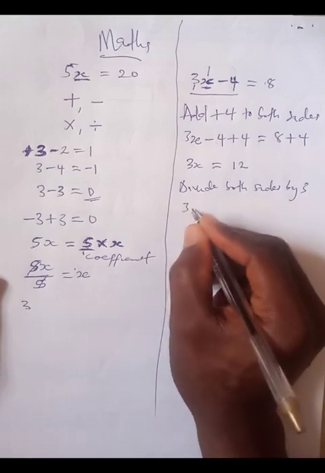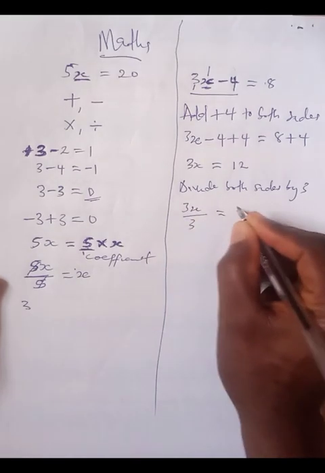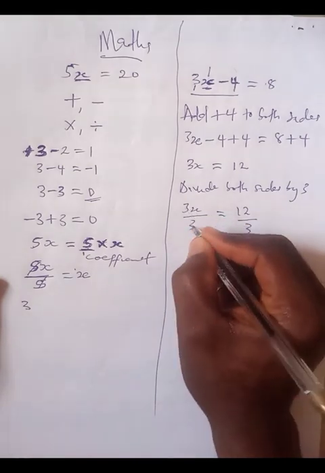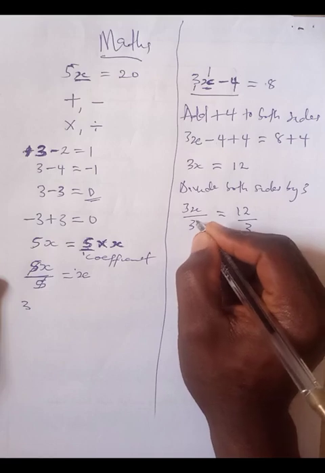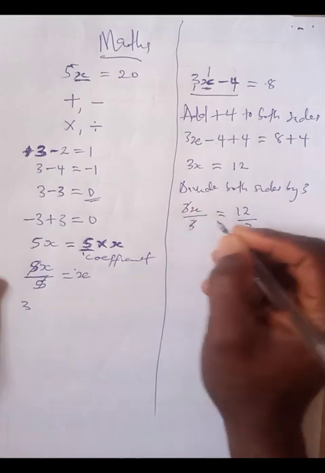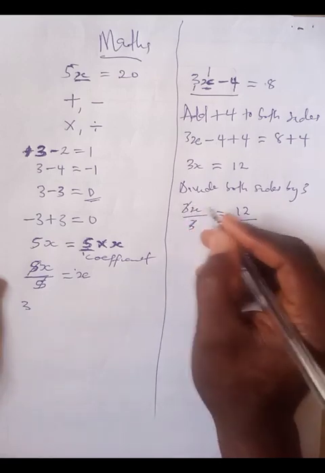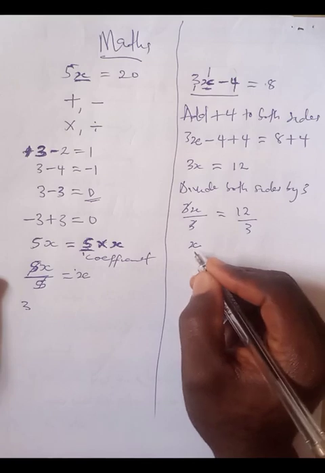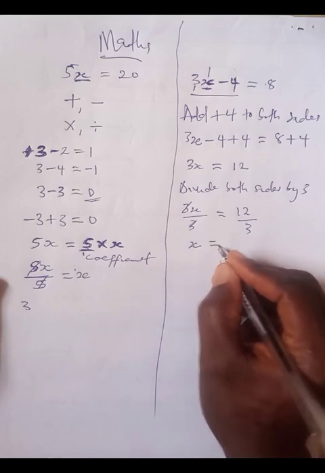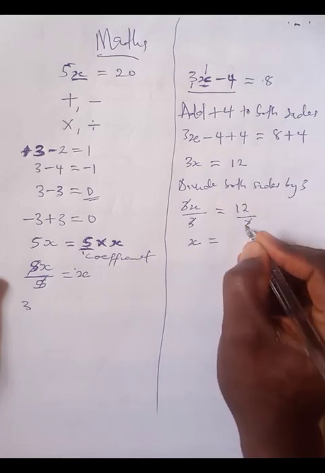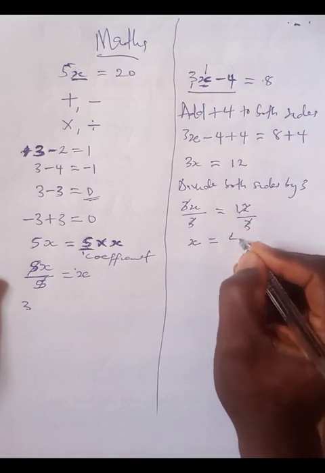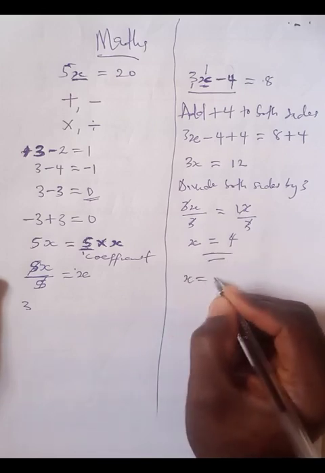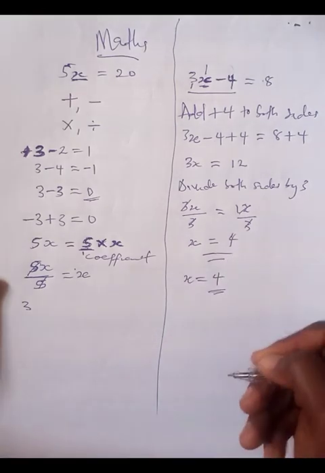So you have 3x divided by 3 equal to 12 divided by 3. So 3 divided by 3, you have what? You have 1. So these 3 cancel this. So you have your x, but the 1 is not written in front of variables. Then 12 divided by 3, we have 4. So that means our x is equal to 4.